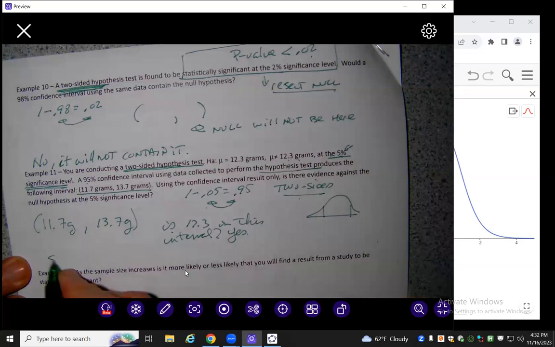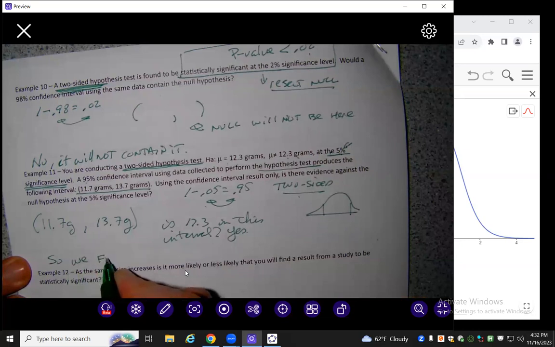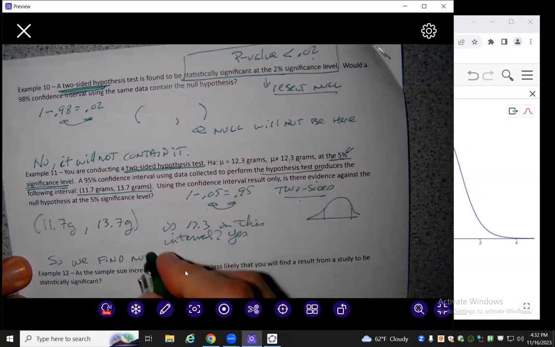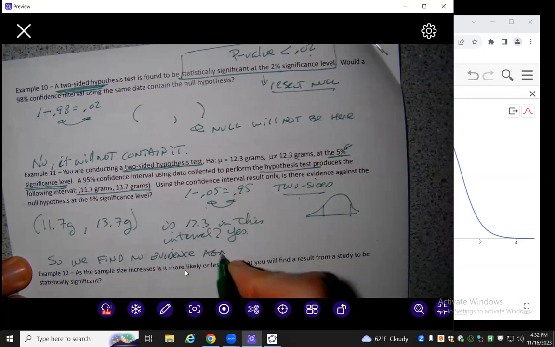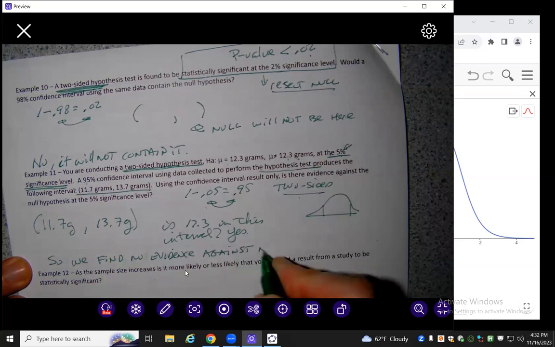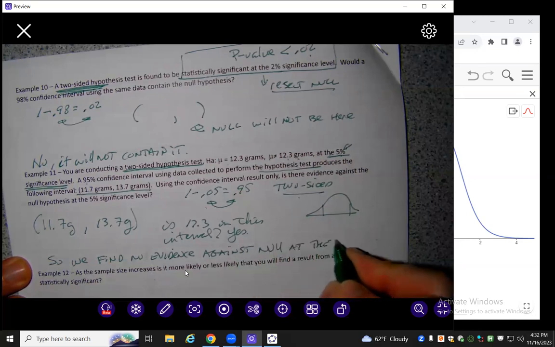So we find no evidence against the null at the 5% level.